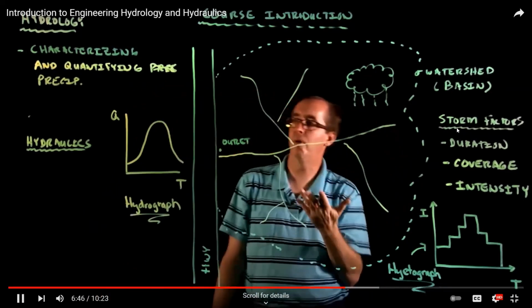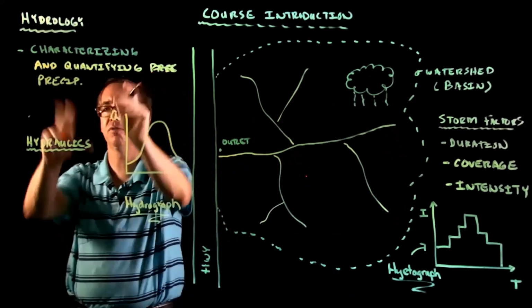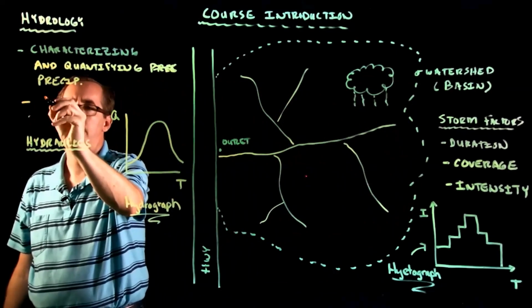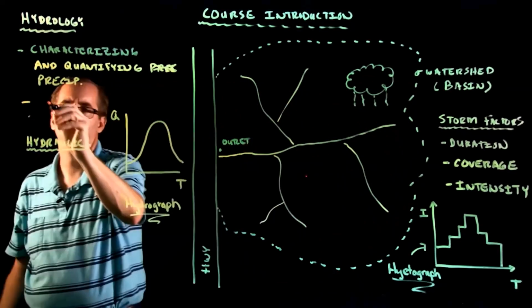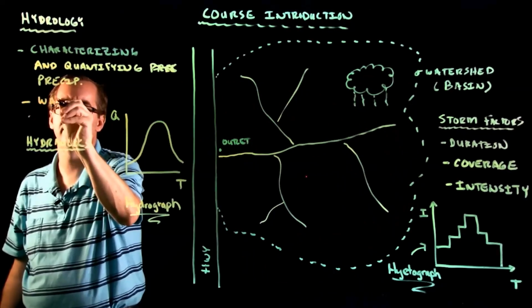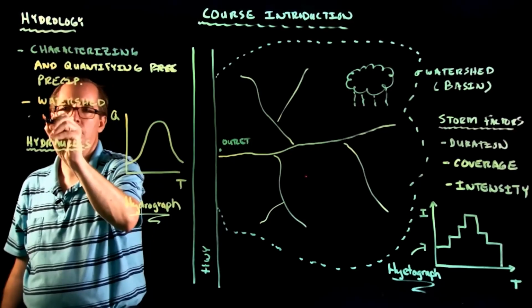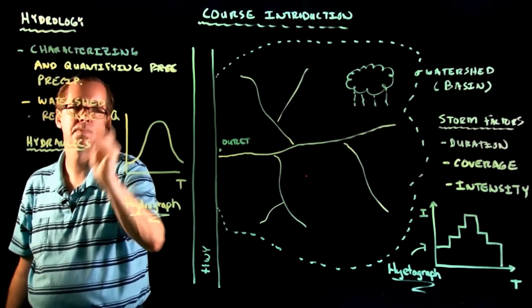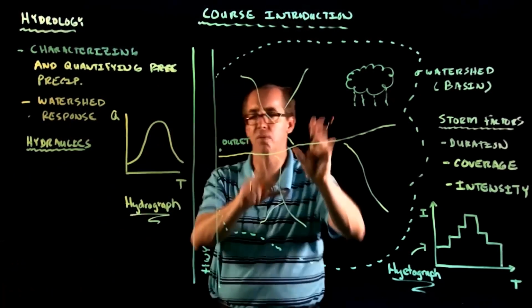So that's the second part of the class in terms of the hydrology component. The first part is characterizing the rainfall, and the second part is understanding how the watershed is going to respond to that rainfall. So, watershed response. And again, there are a lot of factors that contribute to the watershed response.